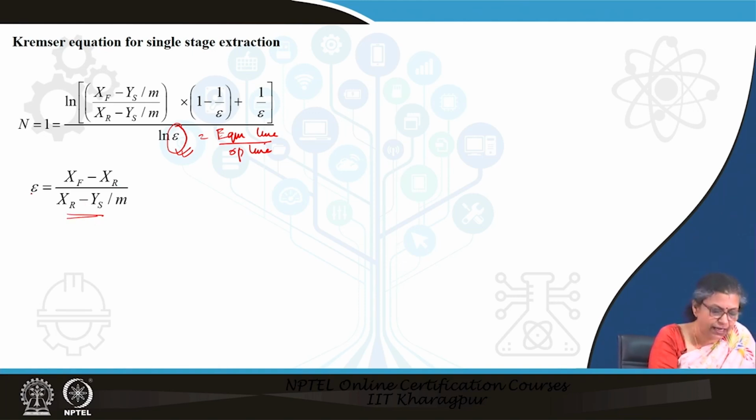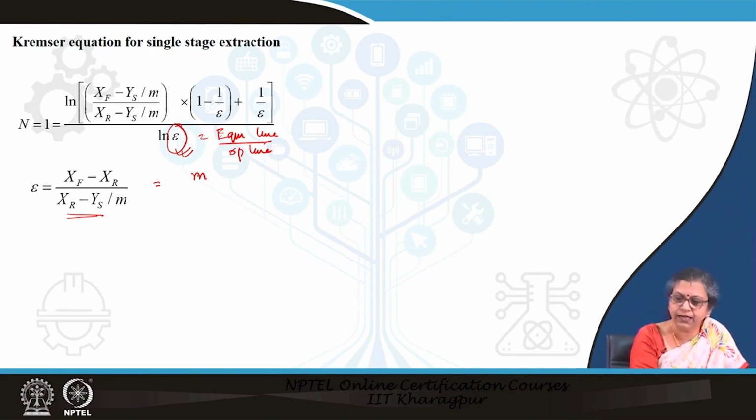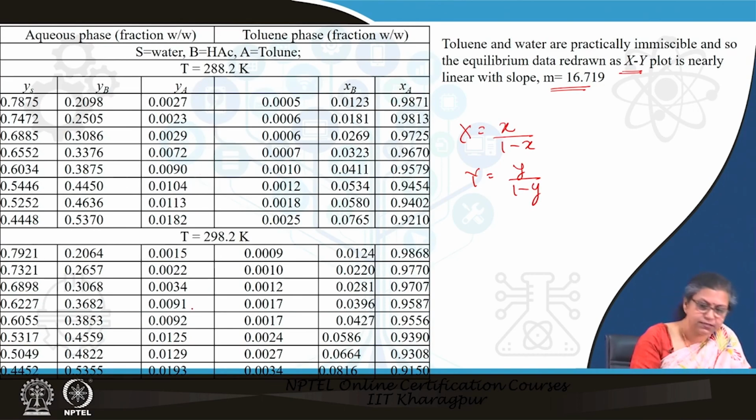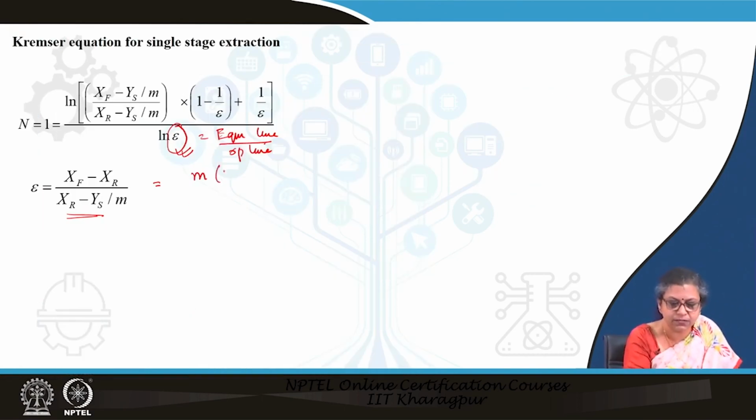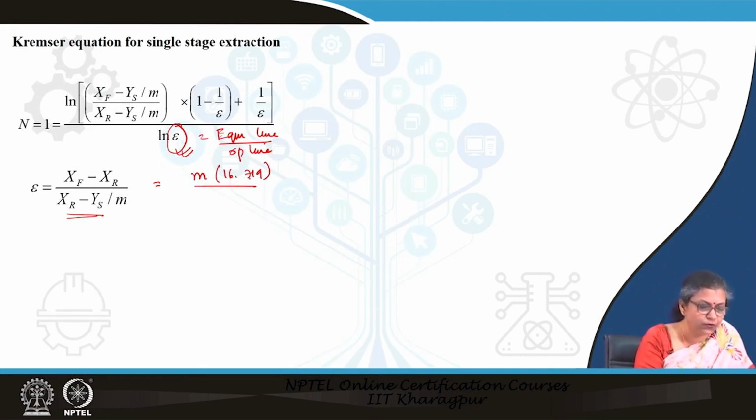Once we know this epsilon, what is this? This is equal to the slope of the equilibrium line, which I had already mentioned, 16.719, divided by the slope of the operating curve. What is the slope of the operating curve? It is naturally equal to S prime by F prime, where S prime is the moles of water and F prime is the moles of toluene.